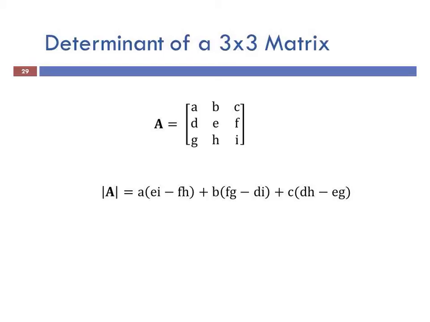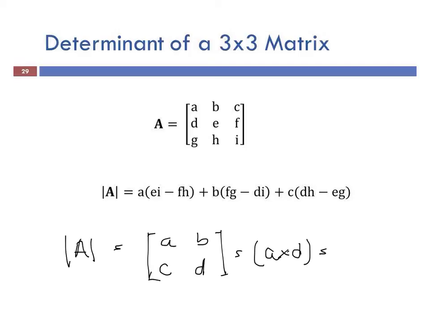Remember, the determinant of a 2 by 2 matrix, if I had A, B, C, D, was A times D minus B times C. So you can see how when we add in the extra elements for a 3 by 3, this becomes much more busy. We have A times EI minus FH.